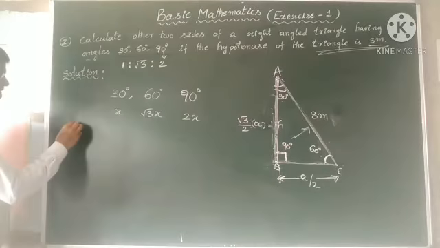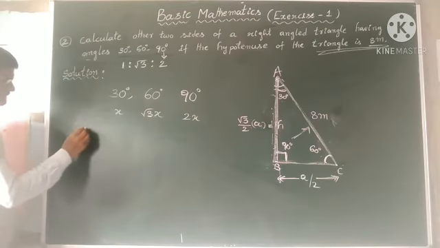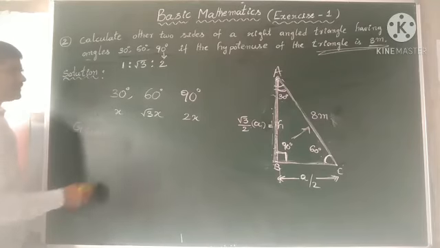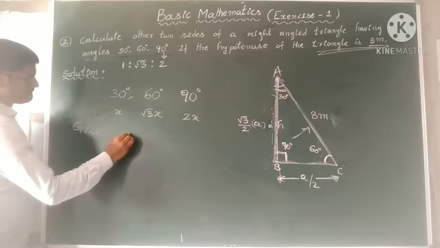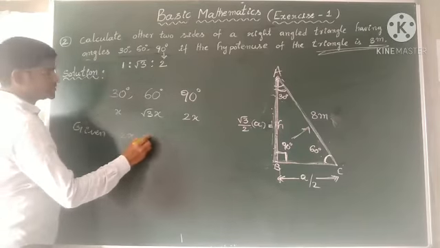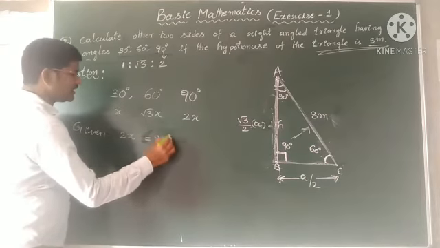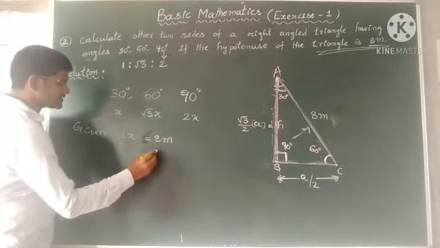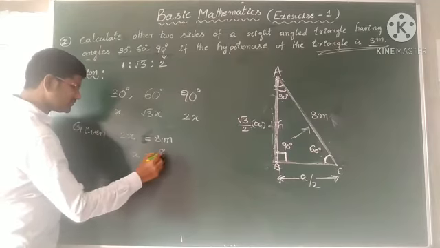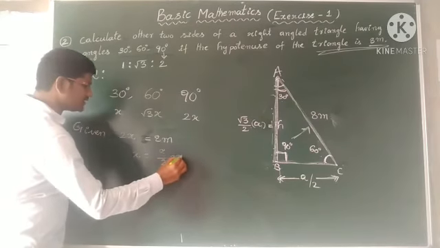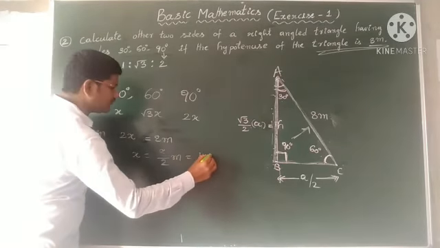So given, 2x is equal to 8 meters, then x is equal to 8 by 2 meters, we will get 4 meters.